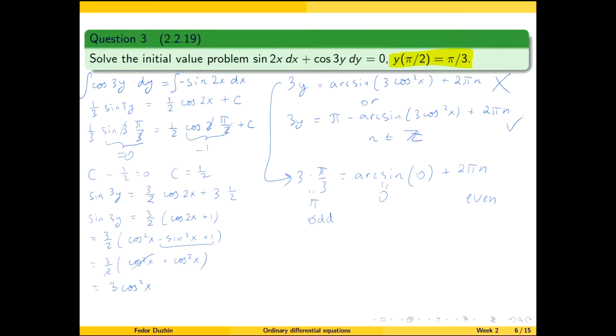So which means that we have to be in the other scenario, when 3y equals pi minus inverse sine of 3 cosine square x plus 2 pi n. So let us figure it out. So 3 times y is 3 times pi over 3 equals pi minus inverse sine of 0, the same calculation, plus 2 pi n.